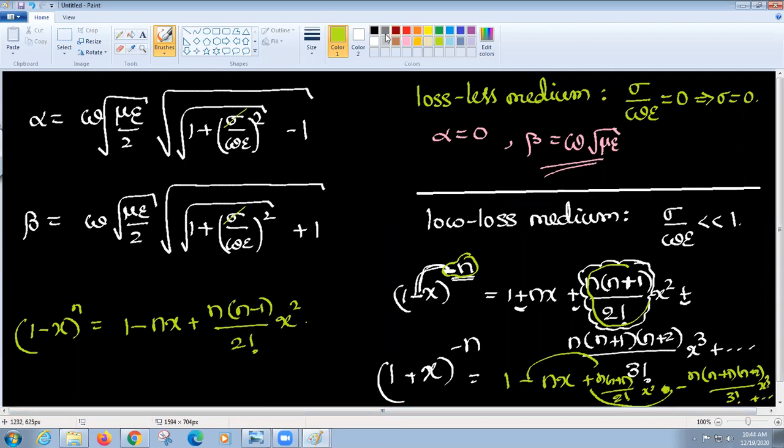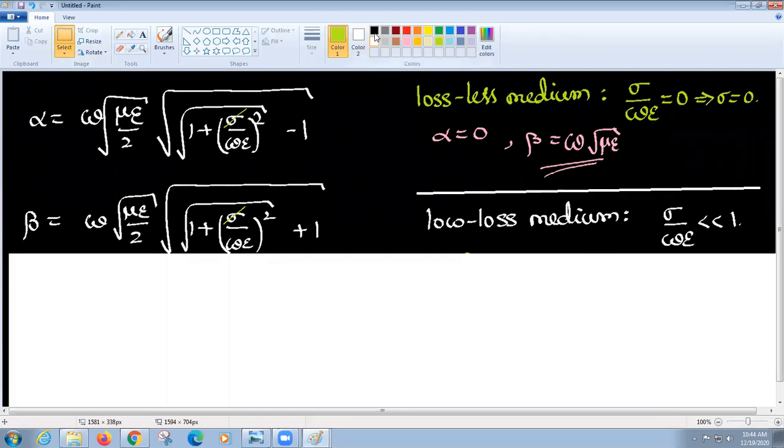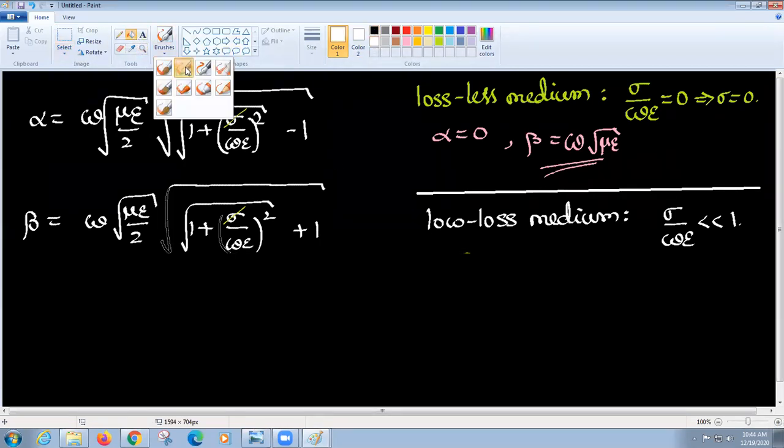So you should know these things. Now, what about the other case? As this quantity is far less than 1, I can plug in here. Now what do I do?